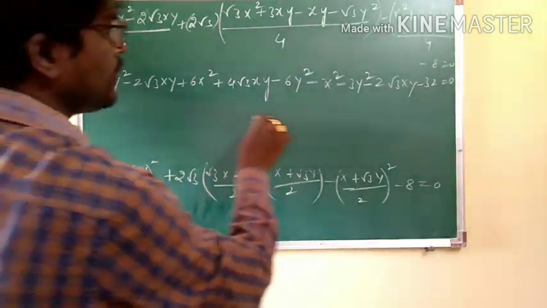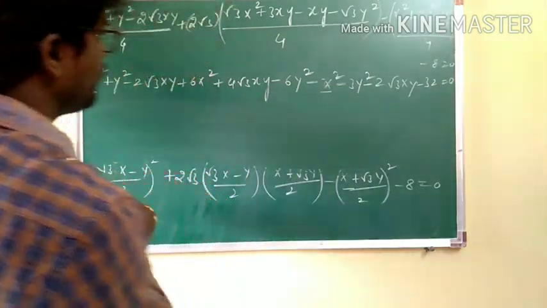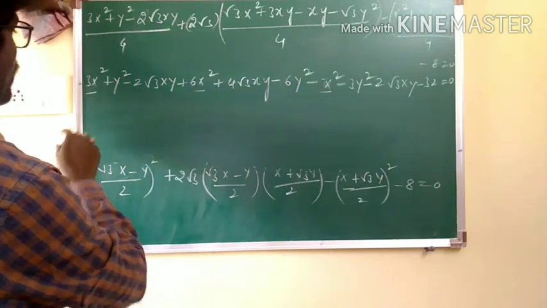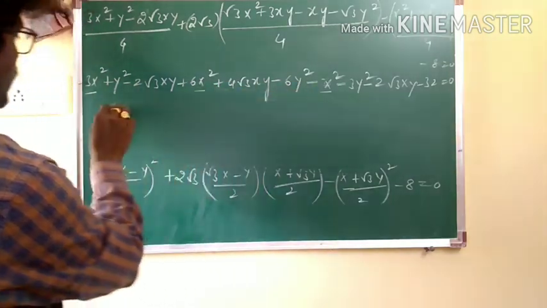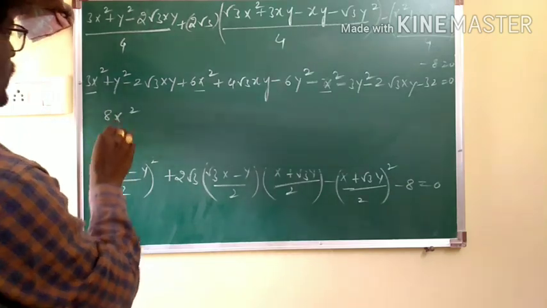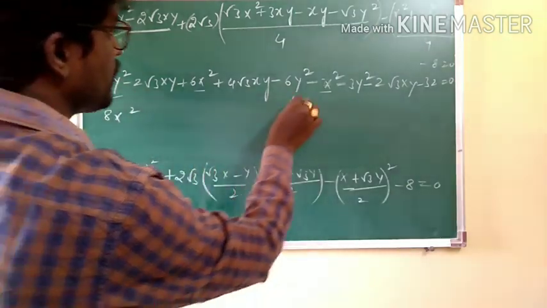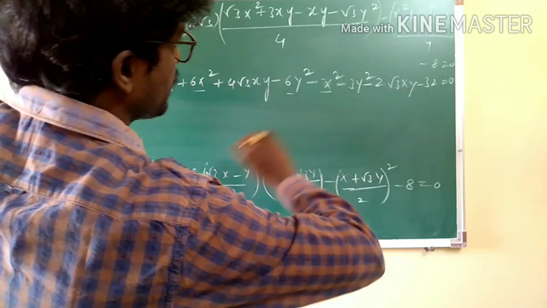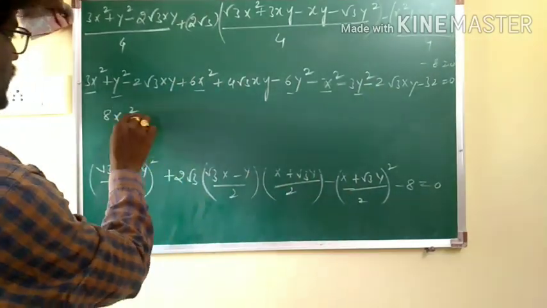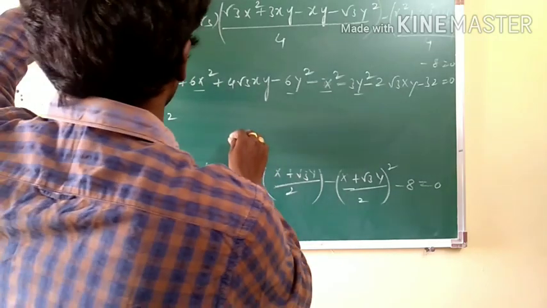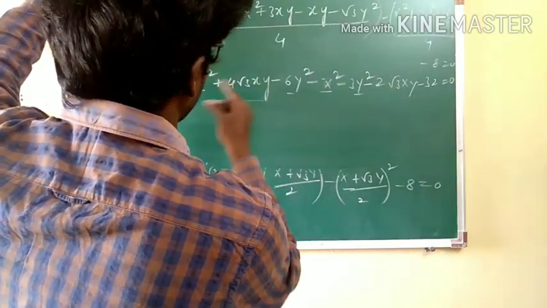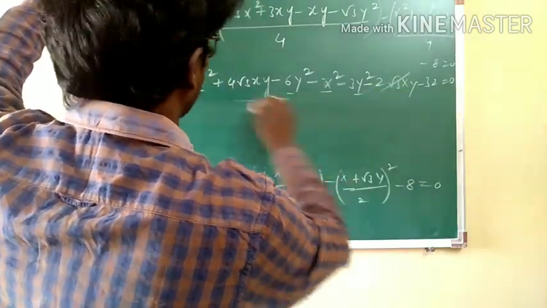3x square minus x square. Any more x square terms? Yeah, 6x square. 3x square plus 6x square, 9x square, minus x square, 8x square. Y square minus 6y square, minus 5y square, minus 3y square, minus 8y square. Minus 2 root 3 xy plus 4 root 3 xy, plus 2 root 3 xy minus 2 root 3 xy.